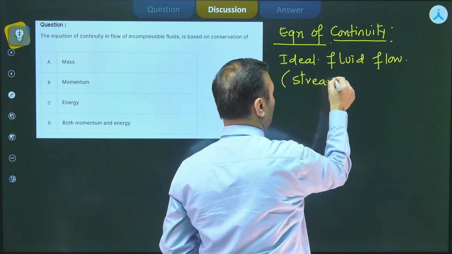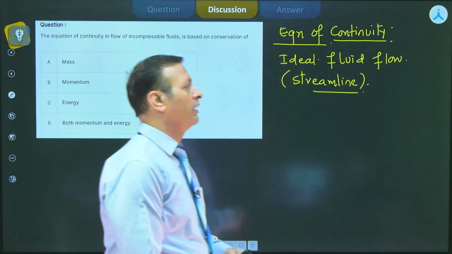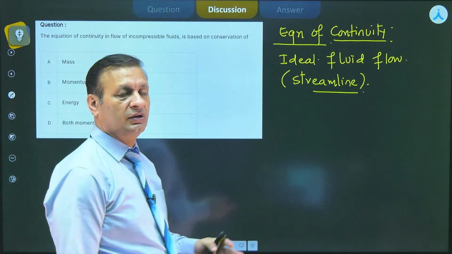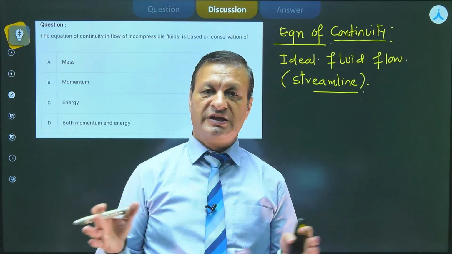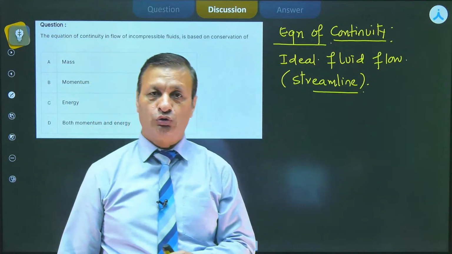Streamline flow. And equation of continuity is basically whatever input mass you allow, that same mass you will get at the output at the other end if you allow your liquid to flow through a pipe.